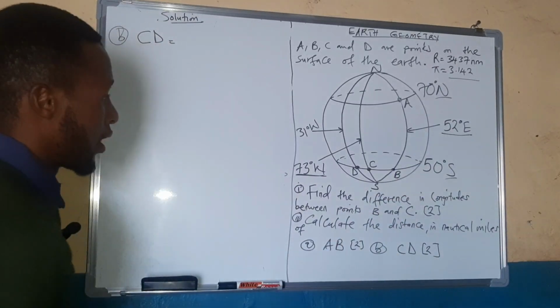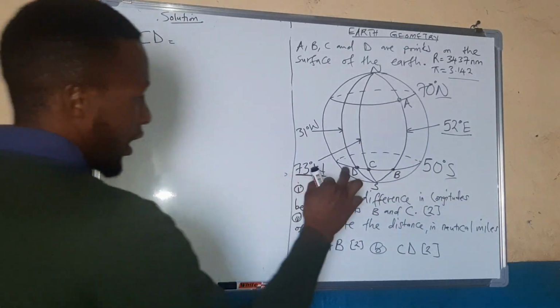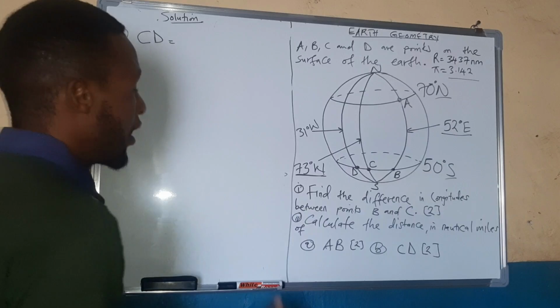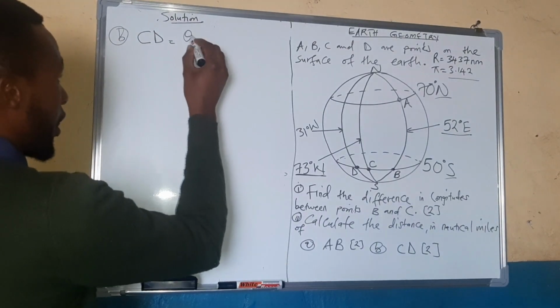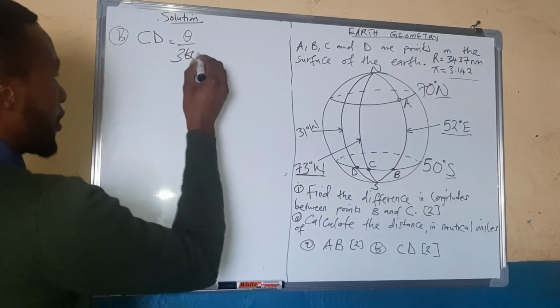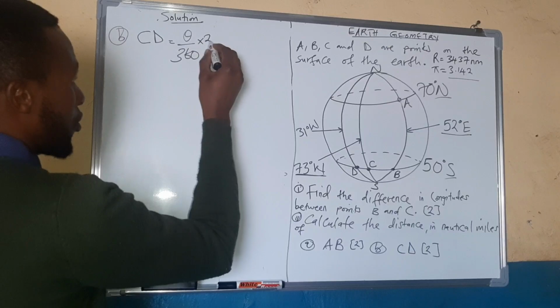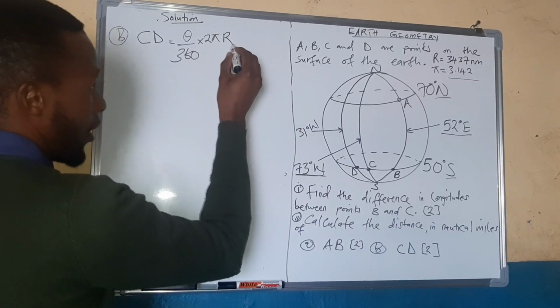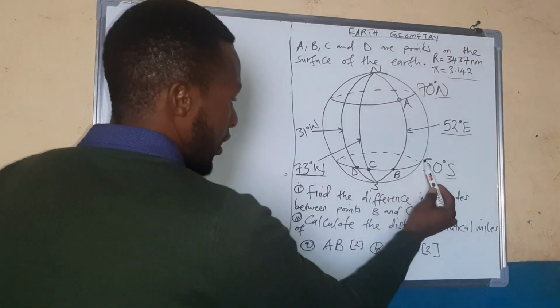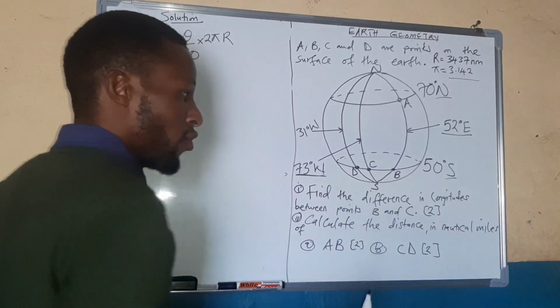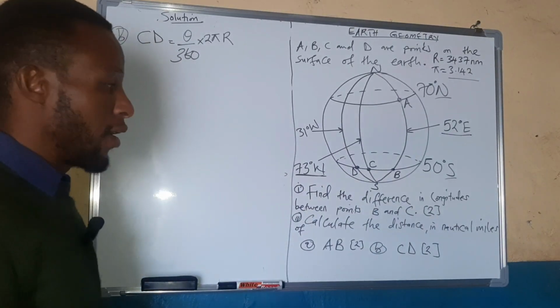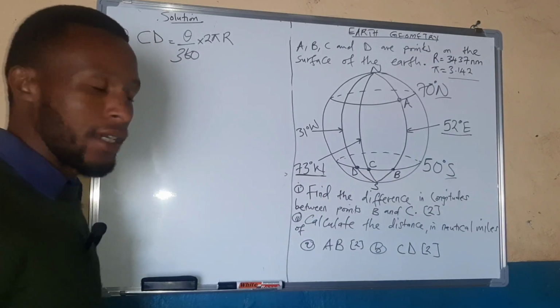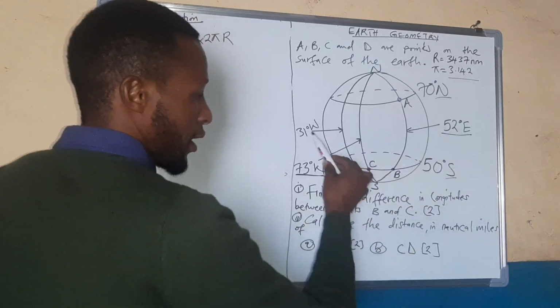All right, so the formula will be different. When you're calculating distance in latitudes, the formula is different. Theta over 360 times 2 pi r. Now, because this latitude here is not a great circle, the only latitude which is a great circle is the equator, the 0 degrees.